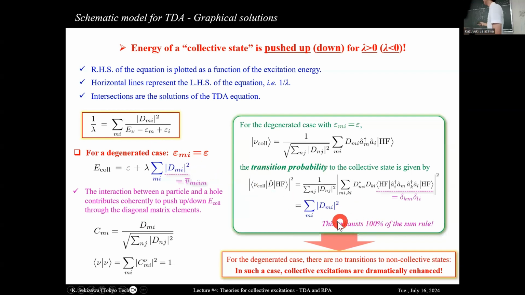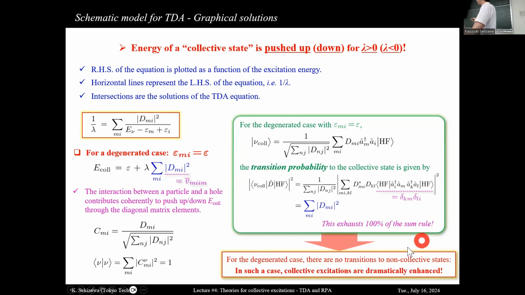And one can show that in this particular case, with the fully degenerate case, this exhausts 100% of the sum rule. Sum rule means this excitation is the only excitation.